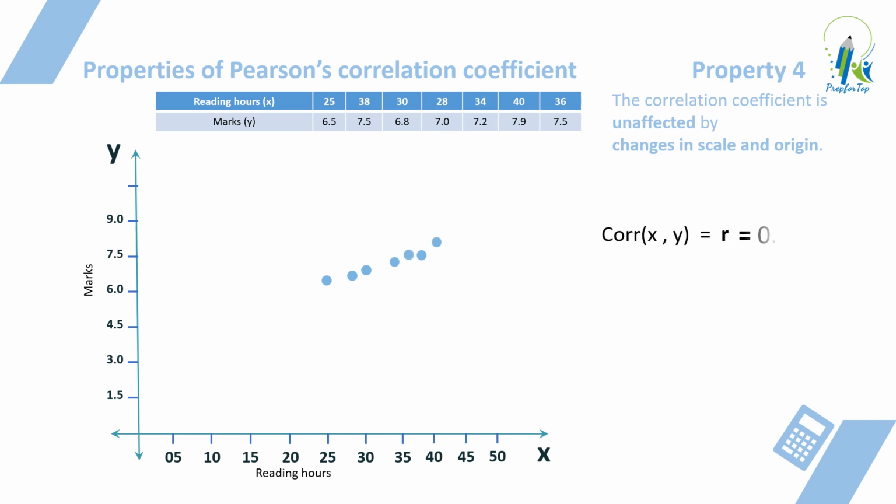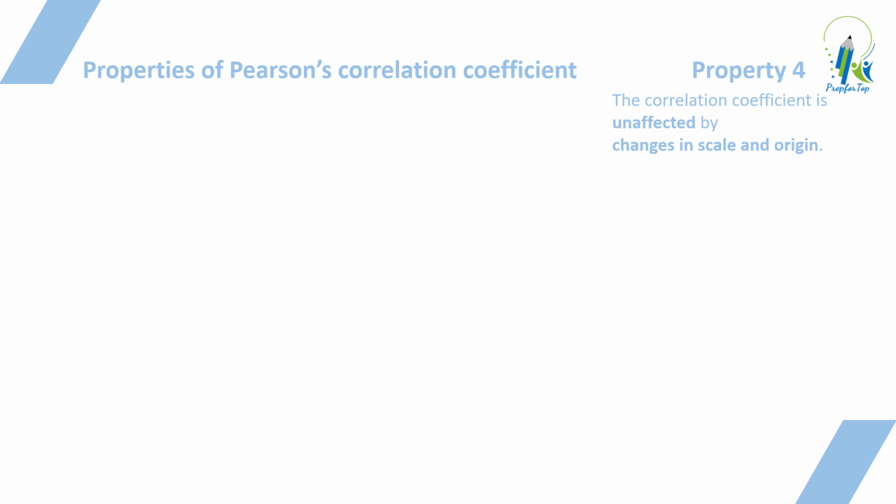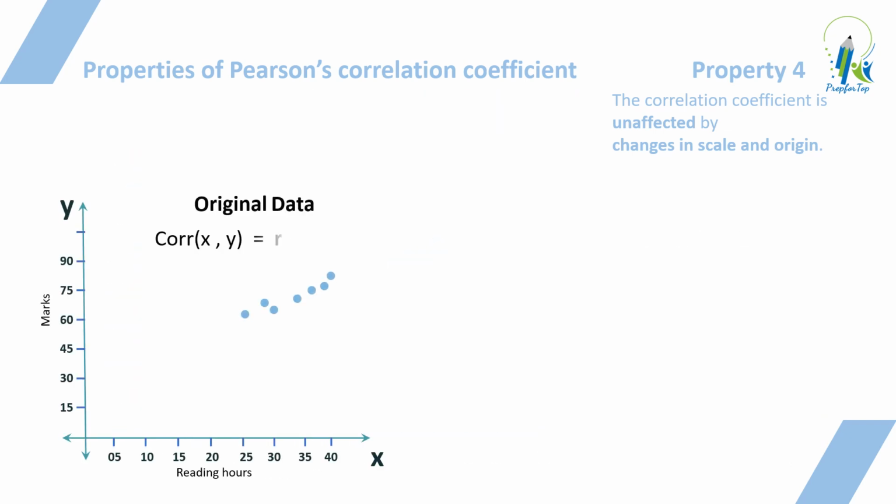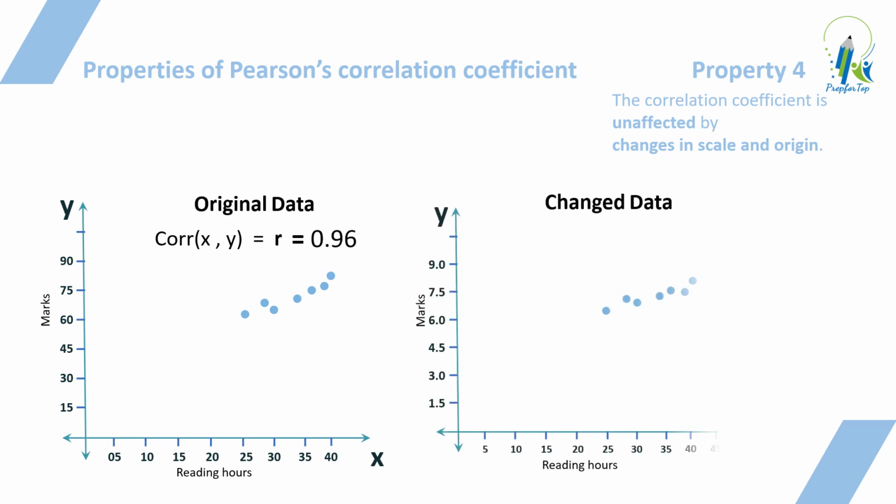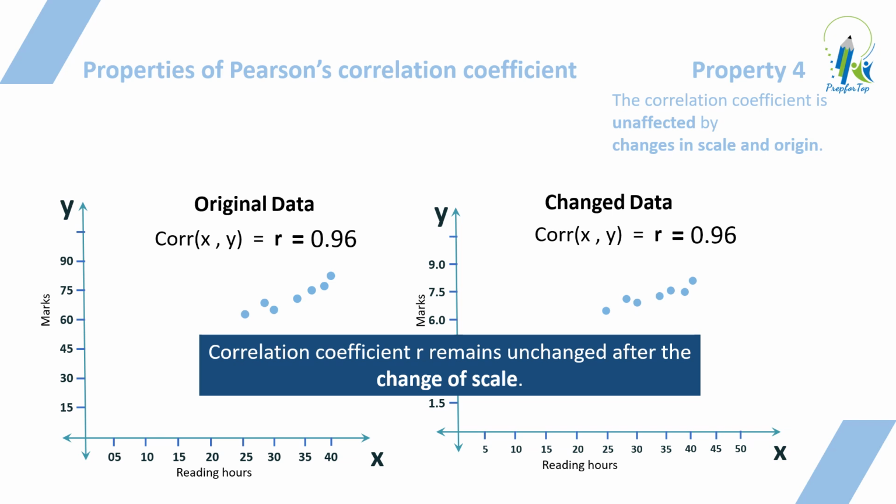Cor(x, y) equals r equals 0.96. The correlation coefficient r remains unchanged after the change of scale.